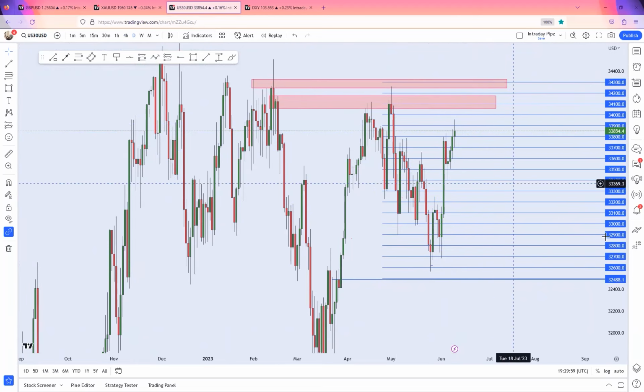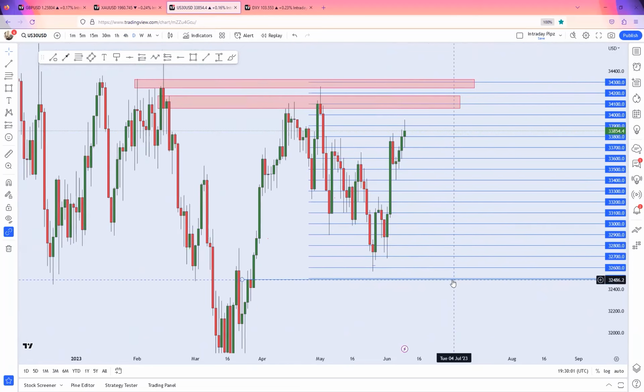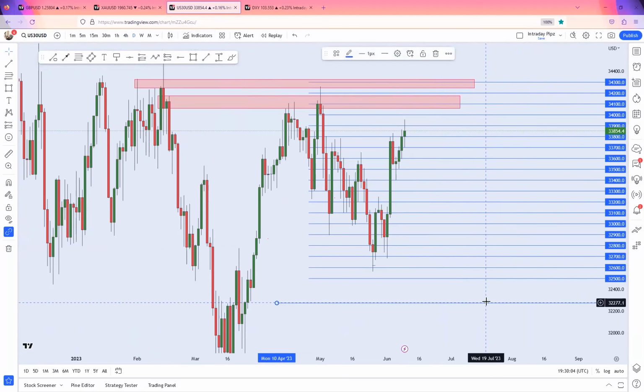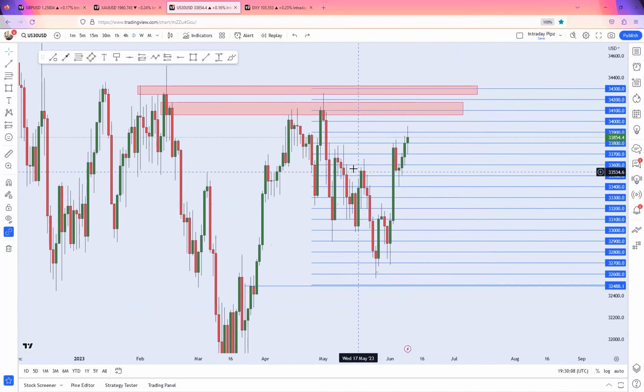So basically, what I'm expecting this coming week on US30 is a bullish continuation, because we saw a break in the structure. Price broke, came back to retest, and is sitting upon it to bounce off.